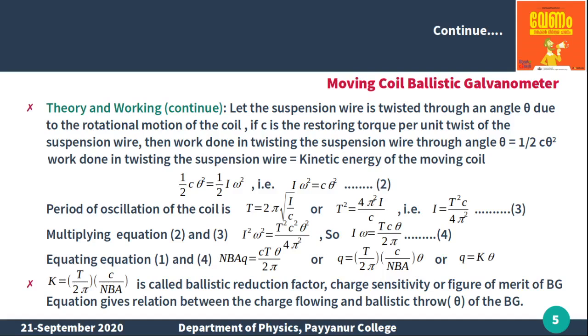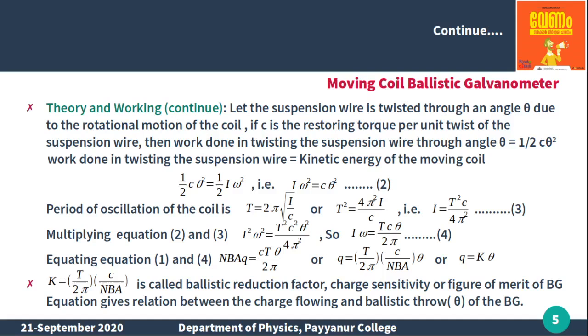This rotational kinetic energy of the moving coil is utilized to twist the suspension wire through an angle theta. So the kinetic energy of the moving coil is converted into the work done in twisting the suspension wire, and we can compare them. They will be equal.